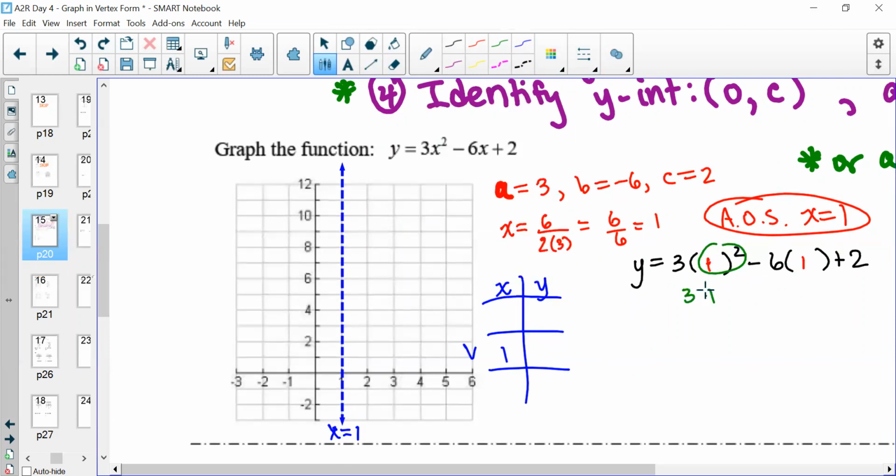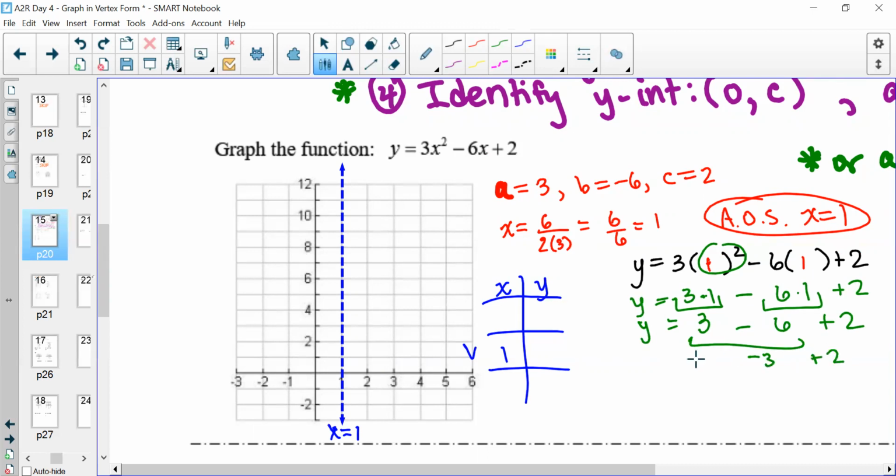So I have 3 times 1, and then I have 6 times 1, and then I have 2. I'm going to do multiplication before I do addition and subtraction. So 3 minus 6 plus 2. So that is -3, and then plus 2, that is -1. So 1, -1 is my vertex.